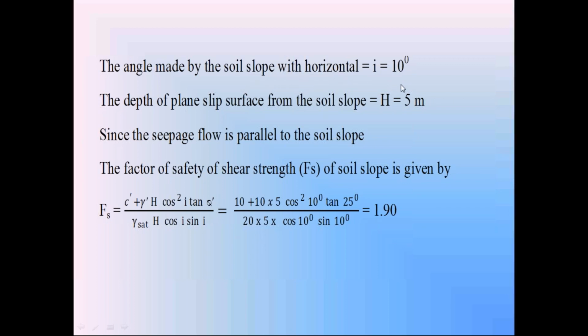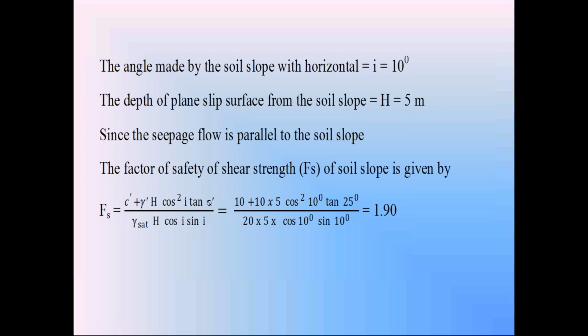They are given the depth of the failure surface from the soil slope, h, equal to 5 meters. In the theory, we consider h as the vertical distance between the failure surface and the soil slope. Here h is equal to 5 meters.